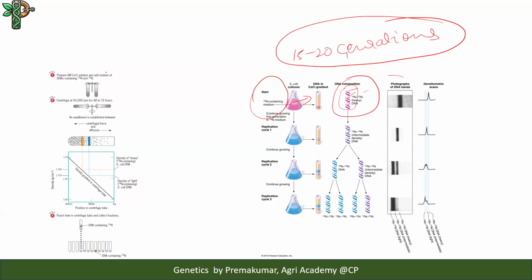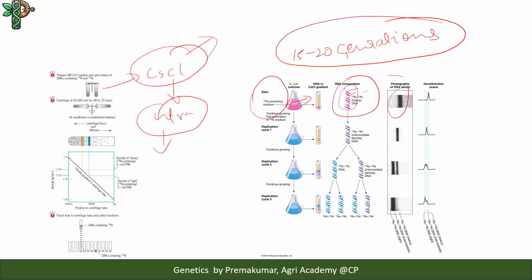When it is centrifuged in cesium chloride density medium through ultracentrifugation, we get a band like this. See, the band is shifted: this is N15, N14, N15, N14, N14.